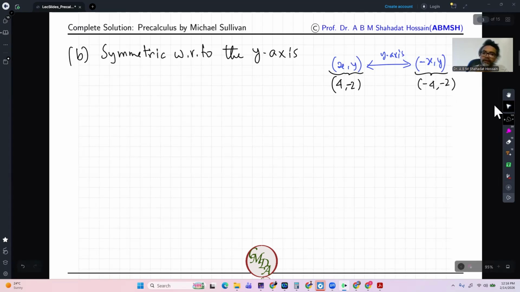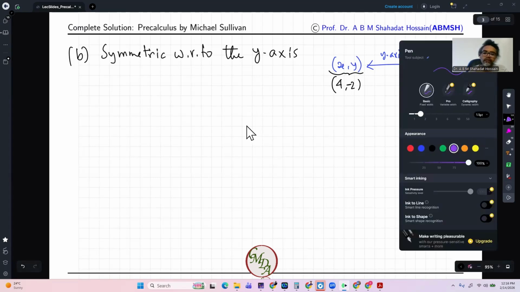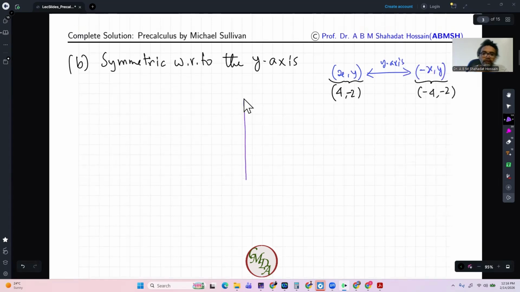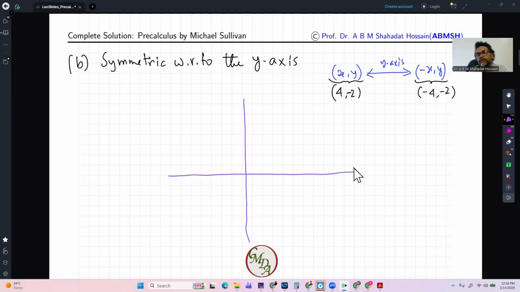Now we'll draw the graph. This is a separate question and we need to answer it separately. Labeling the x-axis and y-axis, 4, minus 2 is this point: 1, 2, 3, 4 and 1, 2. The symmetric point will be minus 4 along the x-axis and down 2 units.